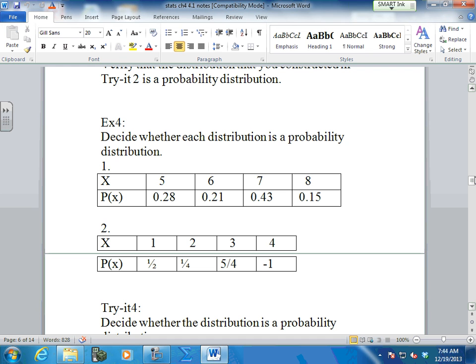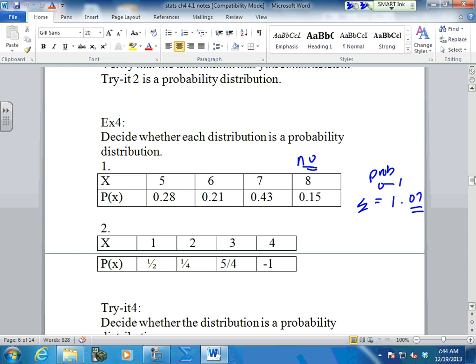Yes. Is the sum of all probabilities equal to 1? Add them up. No, the sum is equal to 1.07. So therefore, no. This is not a probability distribution.